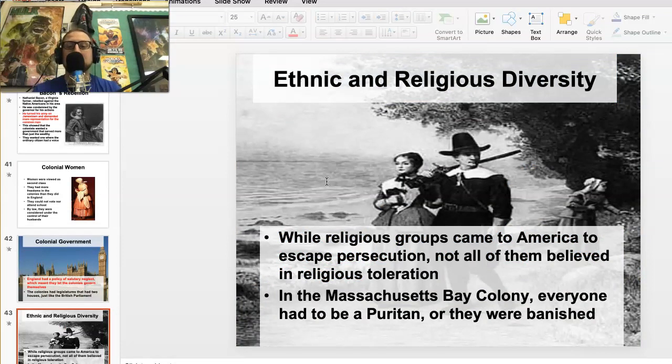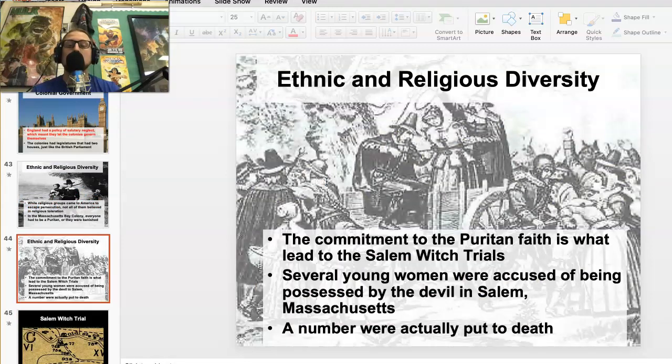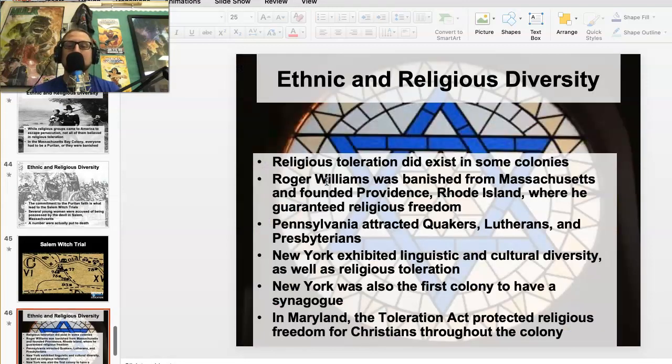The Massachusetts Bay Colony continues to be probably the worst of the original 13. In Massachusetts, they orchestrate the Salem witch trials, which is a persecution of the mentally handicapped and mentally ill, through burning at the stake and hangings, mainly hangings. Besides the ones we talked about with the Quakers in Pennsylvania and the Catholics in Maryland, Jewish people form New York, and it becomes the home of Judaism within the colonies.